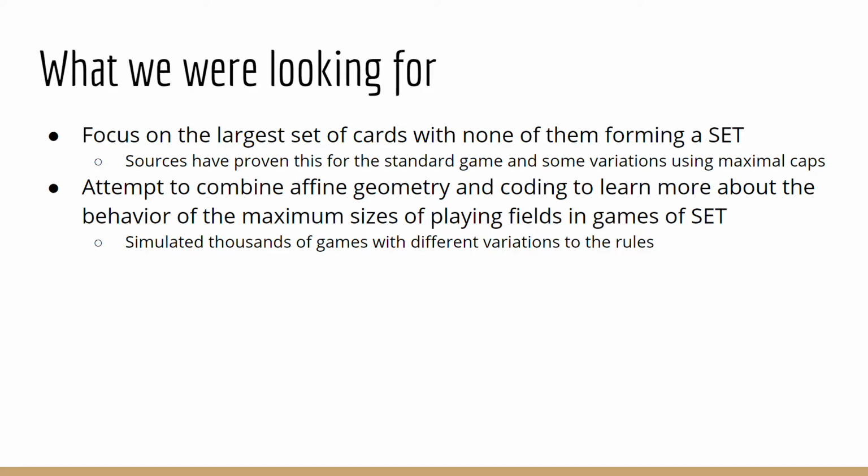We attempted to combine affine geometry and coding to learn more about the behavior of the maximum sizes of playing fields in the game of Set. We simulated tons of games and used those simulations to learn more about the way the game behaved, and the way these maximum sizes of sets of cards with no sets behaved when different rules were changed.